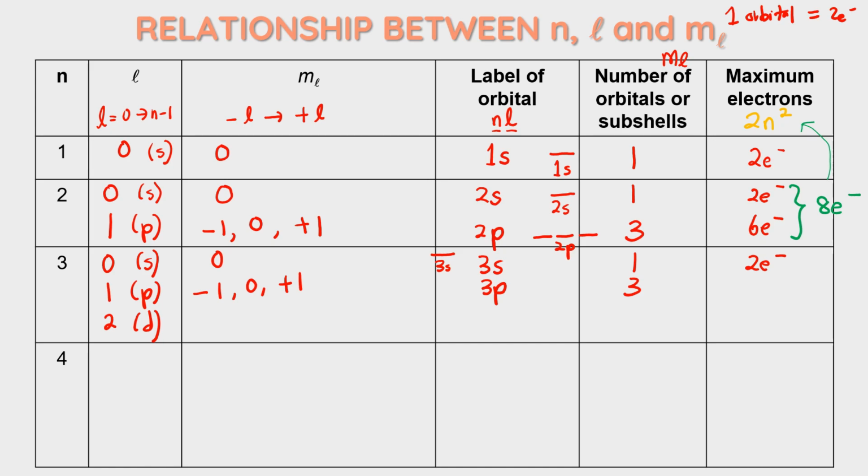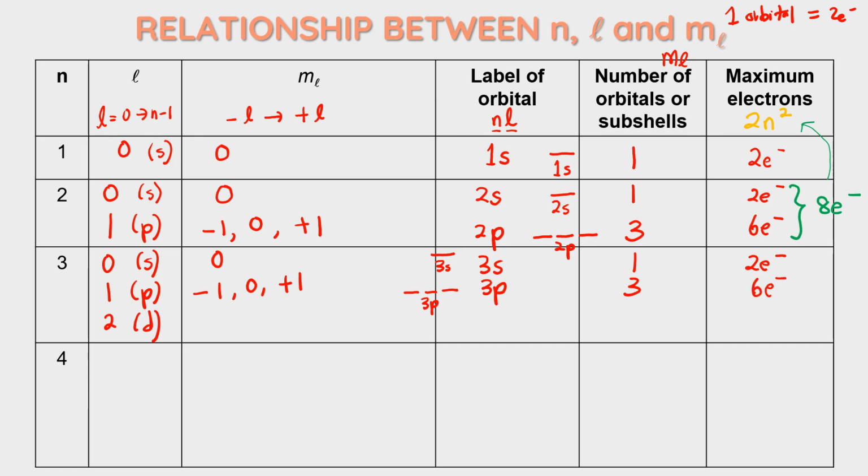So 3 tempat. 3 tempat tu macam mana? Ada 1, 2, 3. So these are 3p. And again, this is one of the degenerate orbitals. Now, how many electrons can we fill in this 3p? Since we have 3 orbitals, so 3 times 2. So here will be 6 electrons.